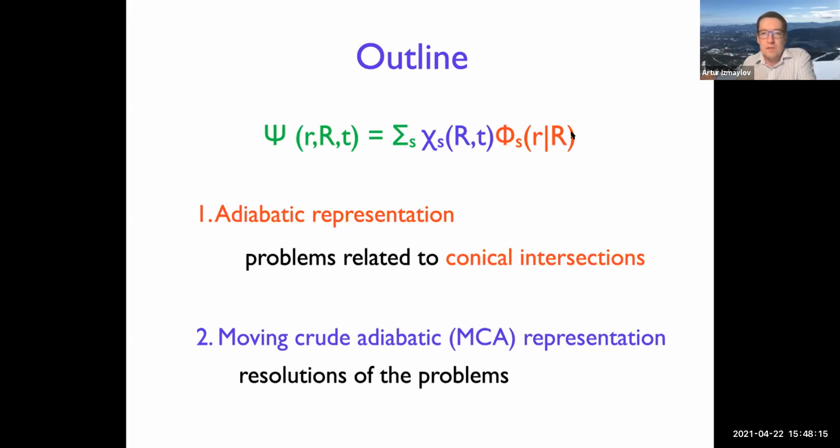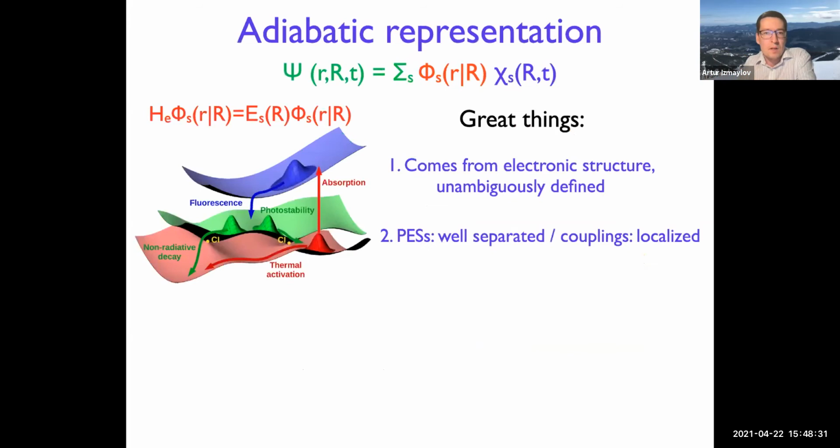And these problems appear mainly when we have conical intersections. And then I'll tell you how all these problems can be solved by the new so-called moving crude adiabatic representation that we suggested.